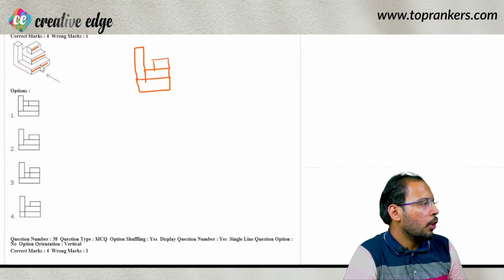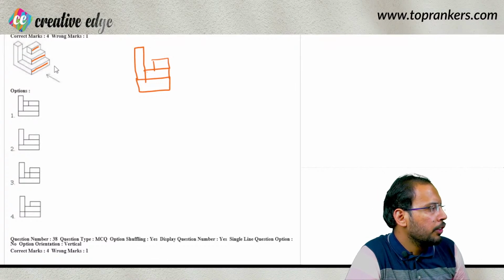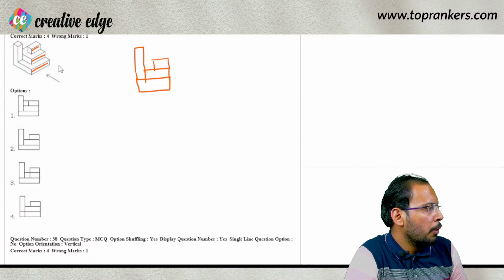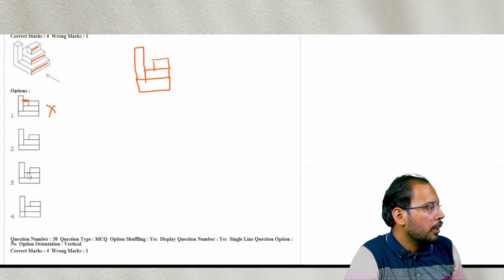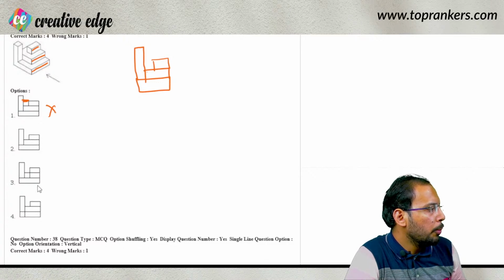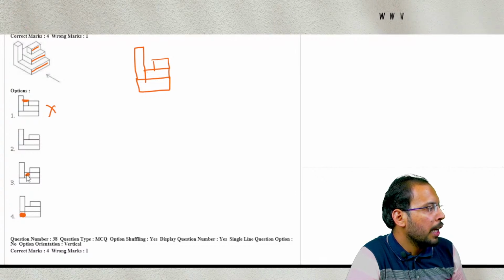Okay, so let us cross-check which given option is the correct one. I can see that option 1 should not be the correct one because of this line, and 2 could be the correct one, 3 could be the correct one. If I talk about option number 4, here you can see this extra thing, that should not happen. In 3 I am able to see this thing to be extra.